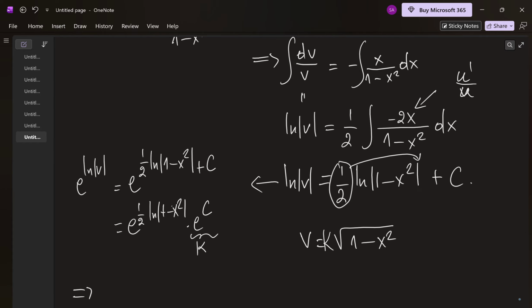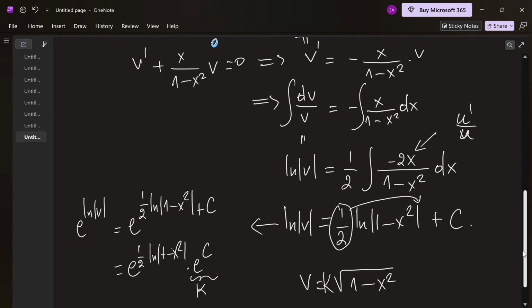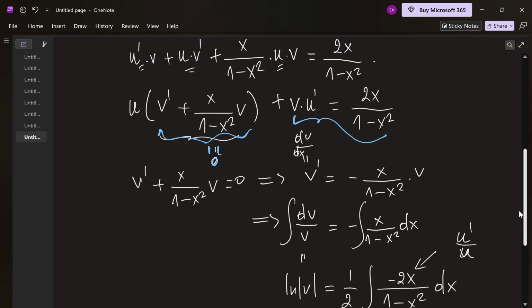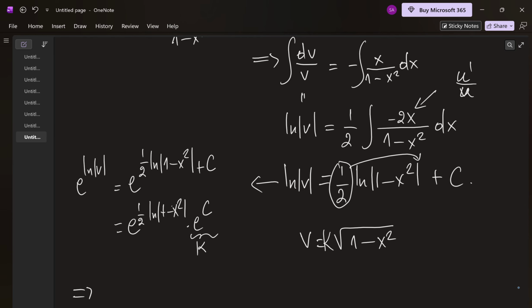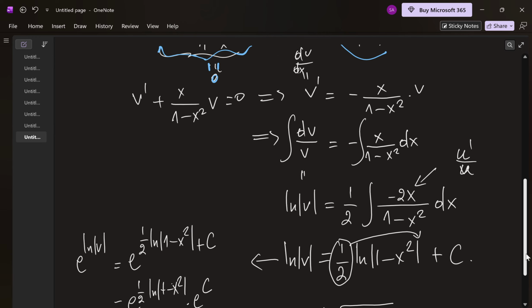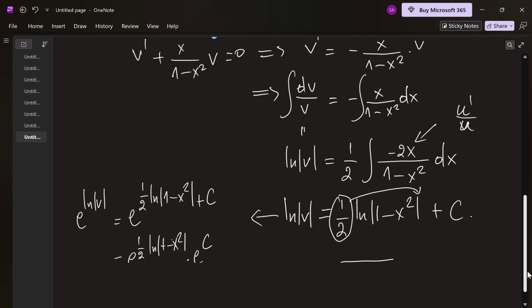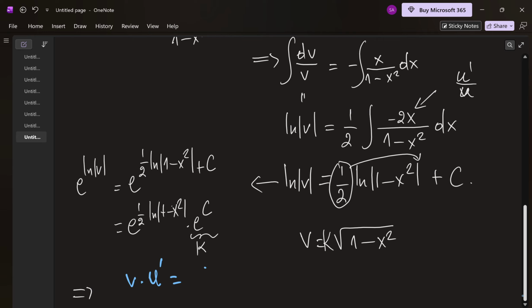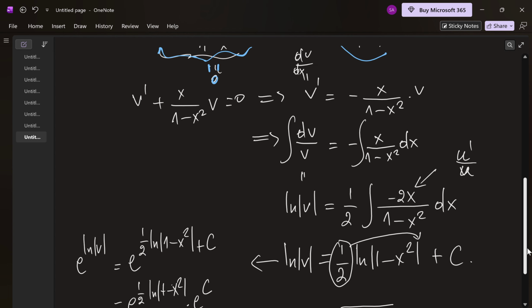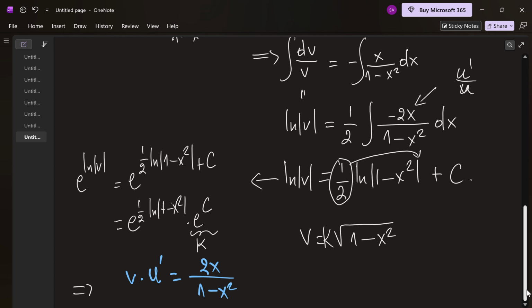So here we have v times u prime is equal to 2x over 1 minus x squared.